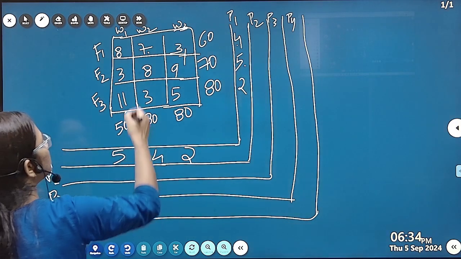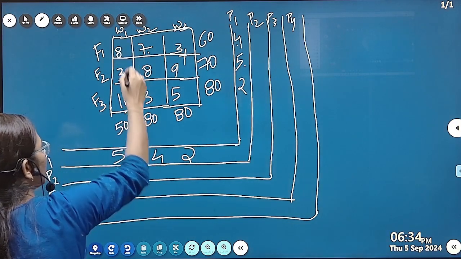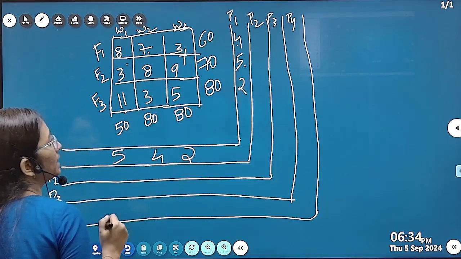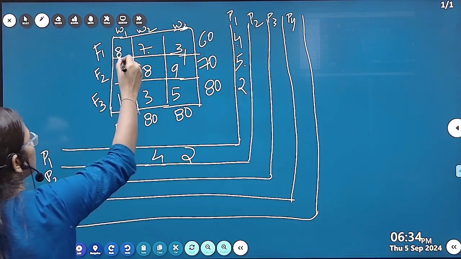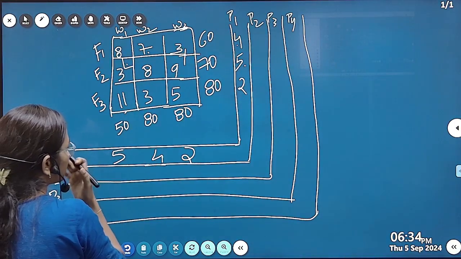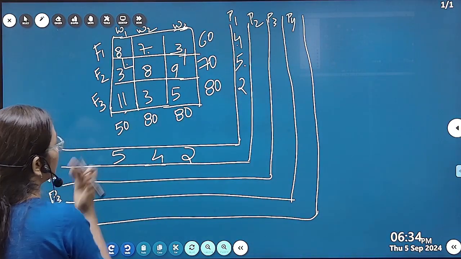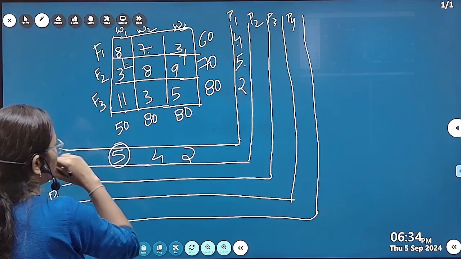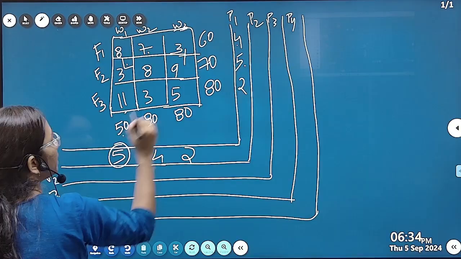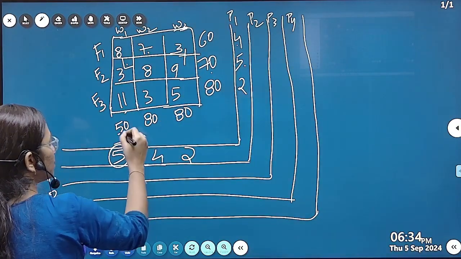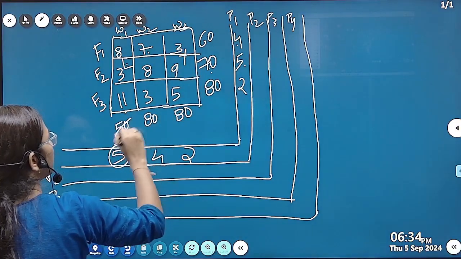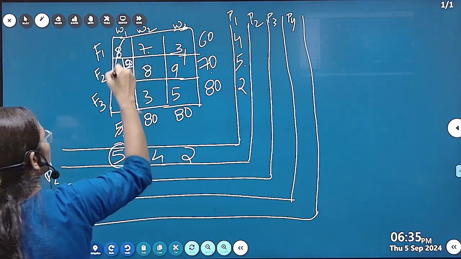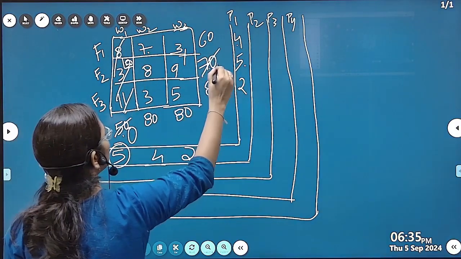So by seeing W1 this 3 is getting, and by seeing this one also this 3 is only getting, right? So this is the 3 you can take. Okay. We'll take column wise because there are 50 units, there are 70 units. So this 50 units gets cancelled from 70. Now this can be 0, right? So write 50. So here there are 20.